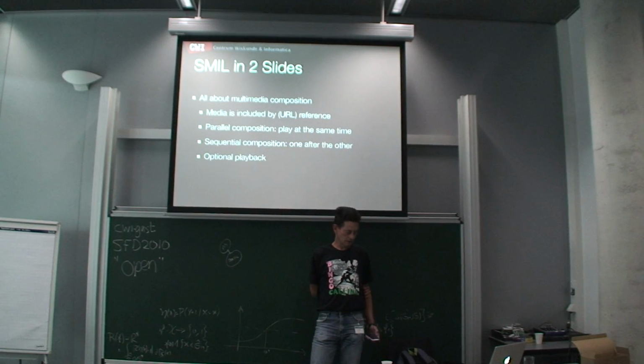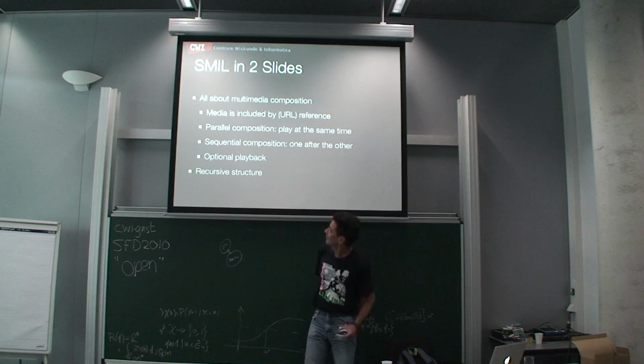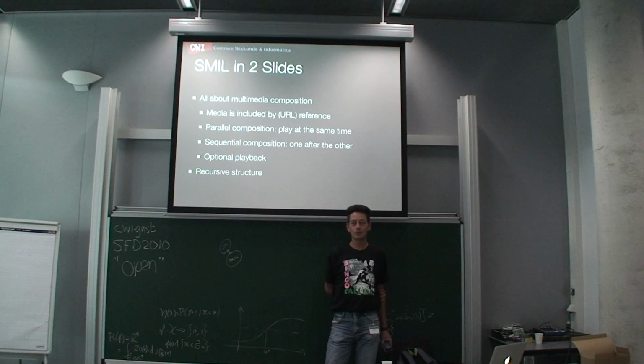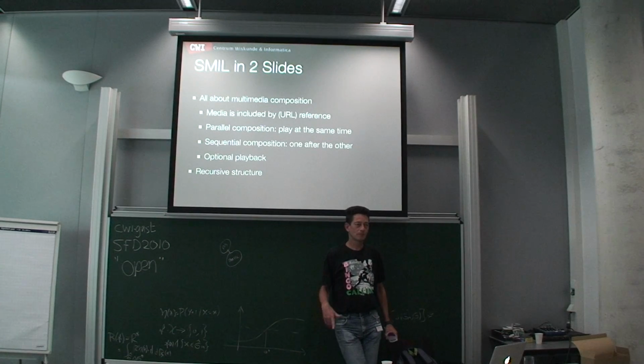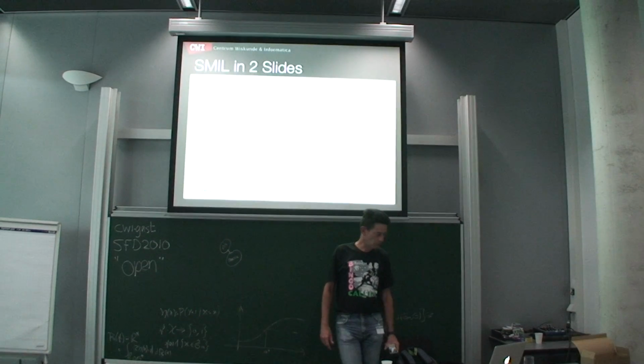And then the only thing we need is recursion, and now we can do every conceivable combination of playing media in parallel or after each other, etc. If you think of, for example, a slideshow, a slide presentation with a voiceover.